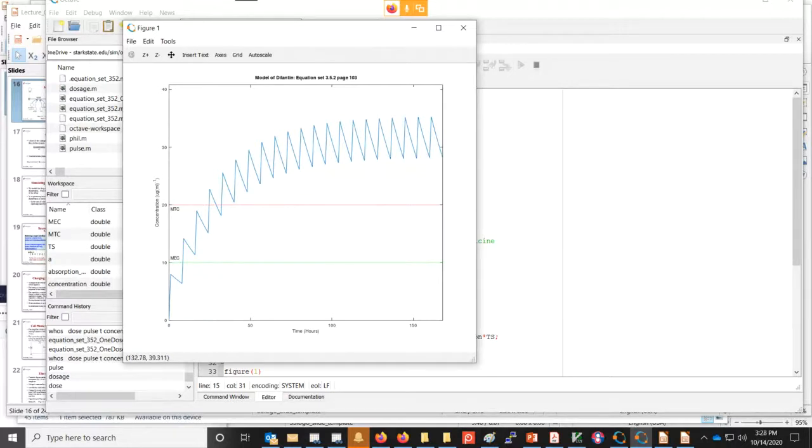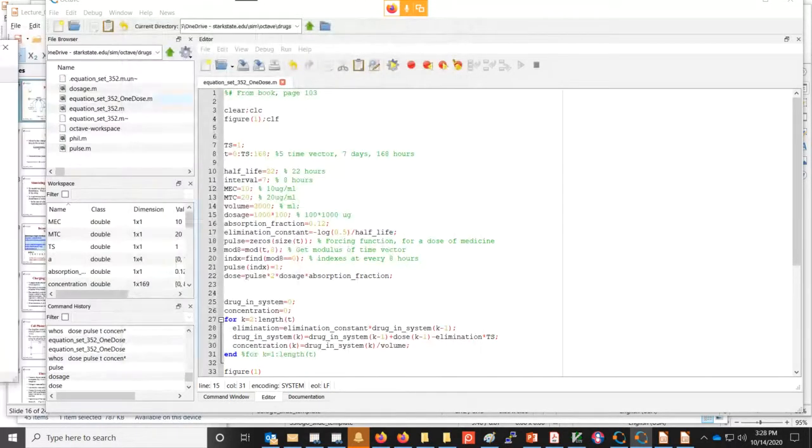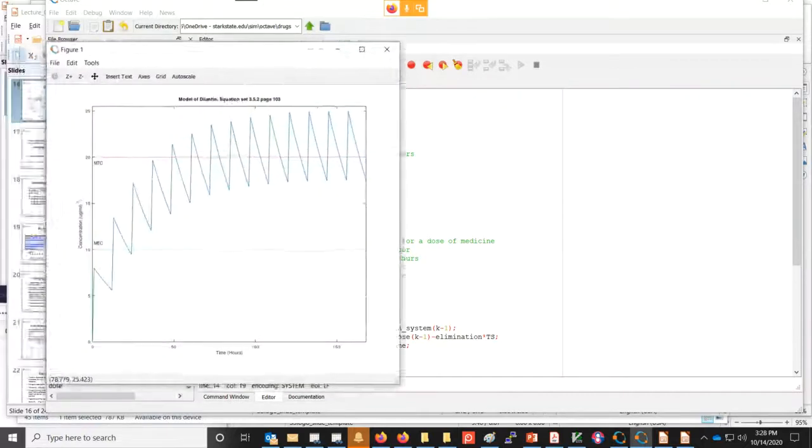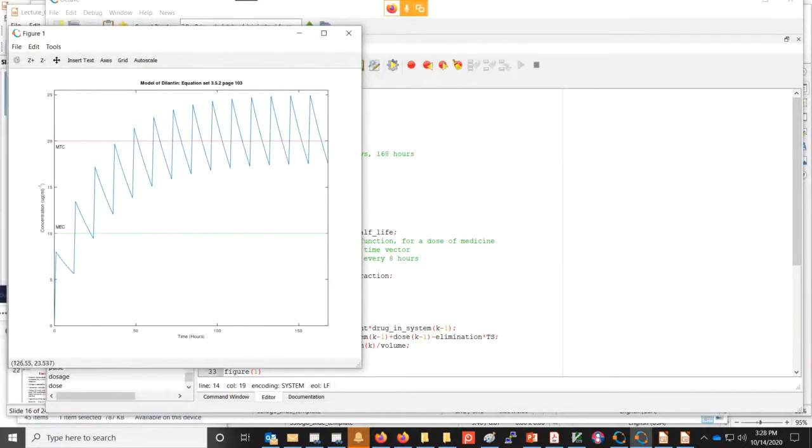So that's way too much. All right. But let's say that instead of taking 2 pills every 8 hours, I drop down and take 2 pills every 12 hours and see what happens. So now we can simulate that, and you can see that, yeah, that's still a little high.